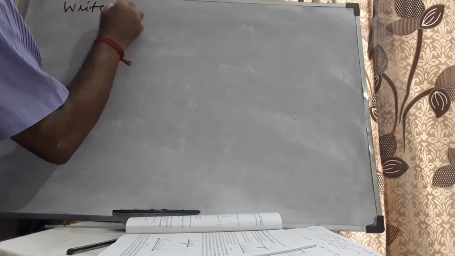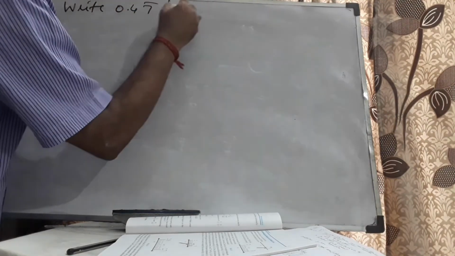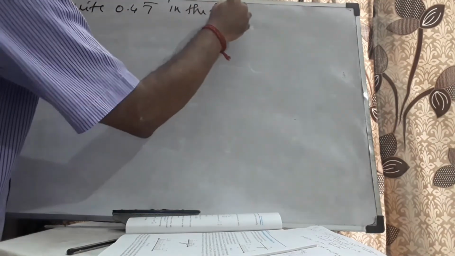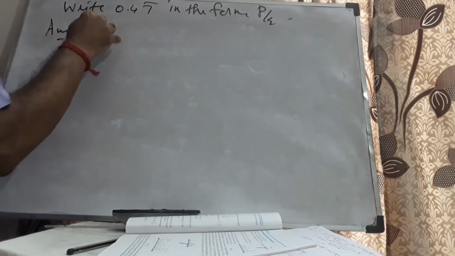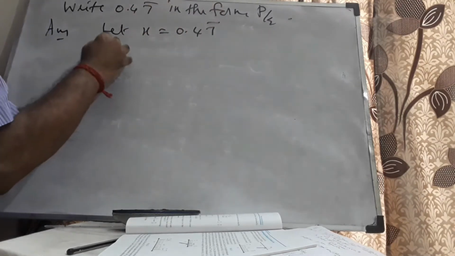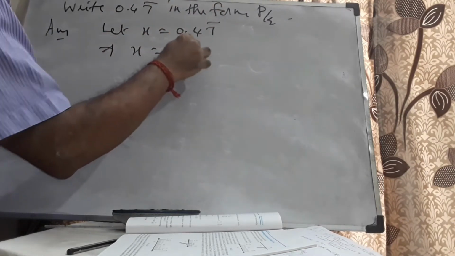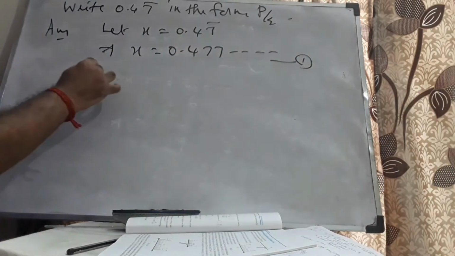Okay. Write 0.47 bar in the form p by q. Answer. Let x equal 0.47 bar, which implies 0.4777, etc. Name this as equation 1.